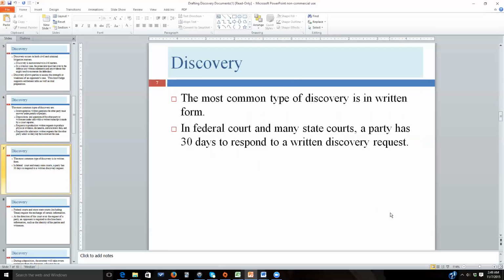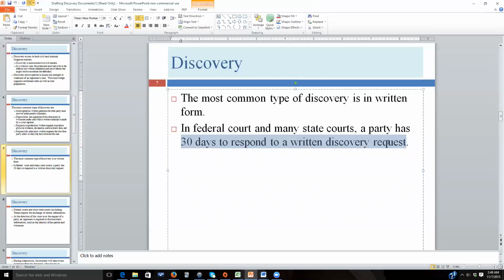Depositions can be quite expensive, and so unless the case is very big, it's common for the parties to only take a handful of depositions while they'll be gathering data and other tools through the other techniques as well. And again, typically, you're going to have 30 days to respond to written discovery requests. A deposition, obviously, the deponent or the person being asked the questions actually answers the questions at the deposition. So that's a real-time response.